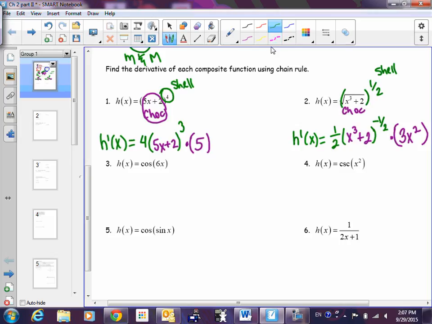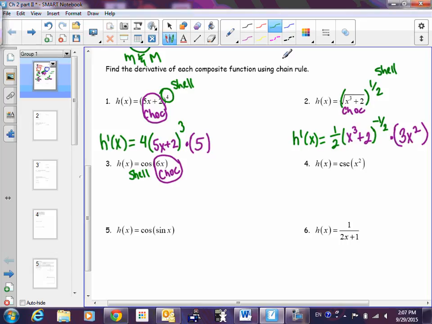Okay, I want you on number 3 to go ahead and identify on your own which one's the shell and which one's the chocolate. What do you think is a pretty good indicator as to which one's the chocolate?